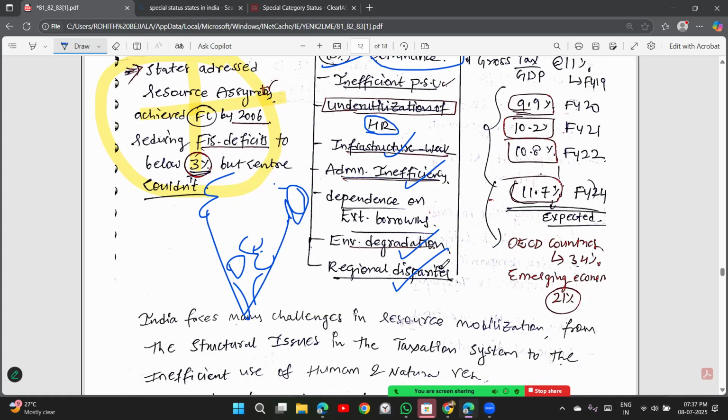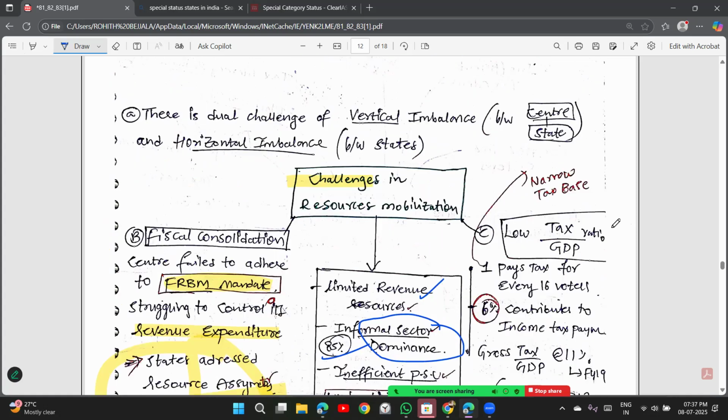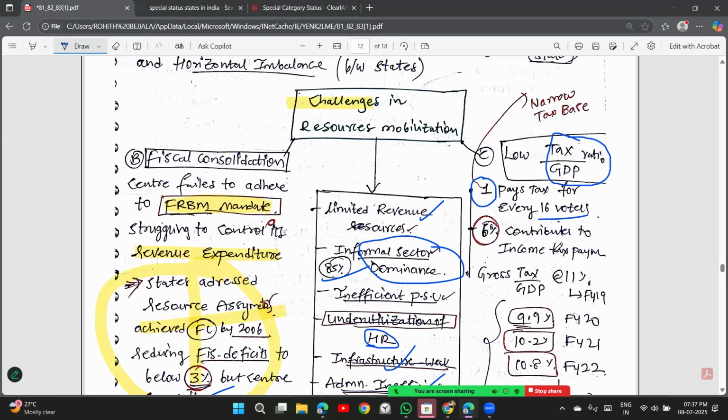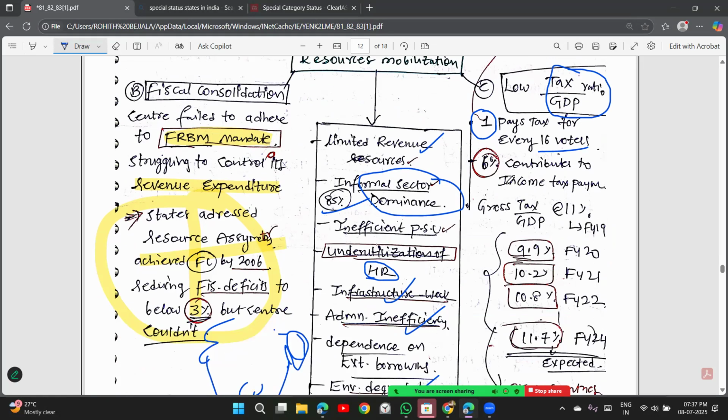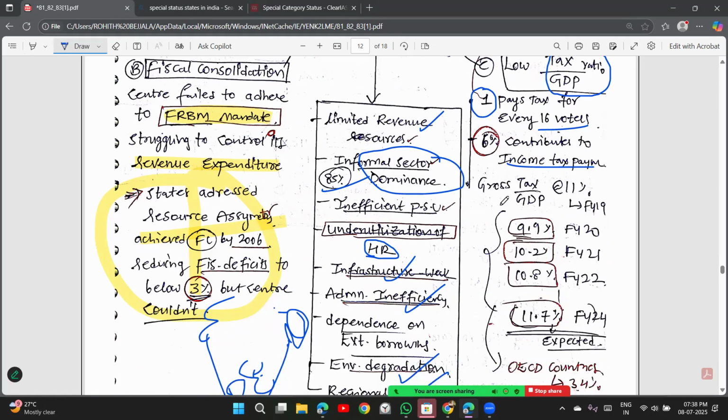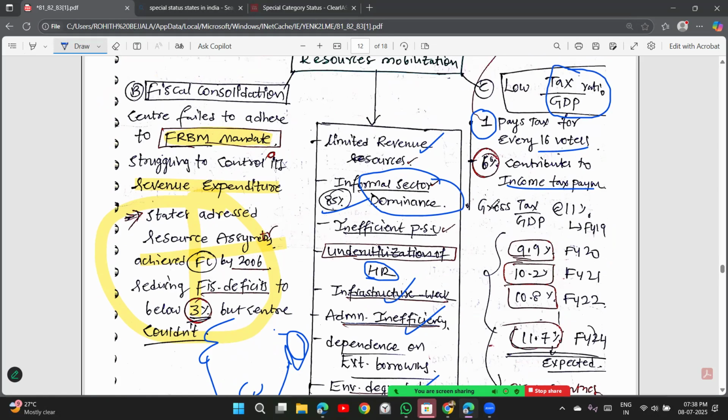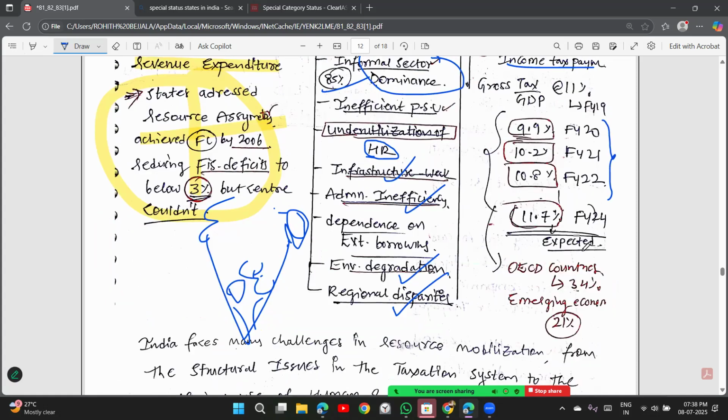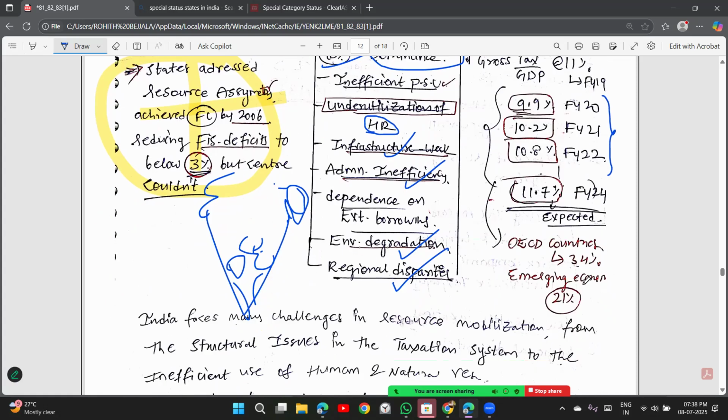And also we are having a low tax to GDP ratio. Only one in every 16 voters pays tax, and 6% contributes to income tax payments, and the gross tax to GDP ratio is increasing year on year, but it is not as expected.